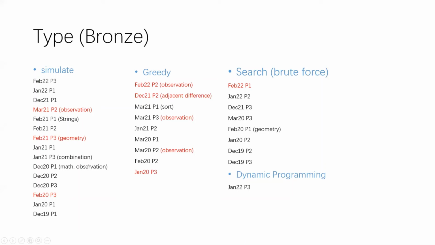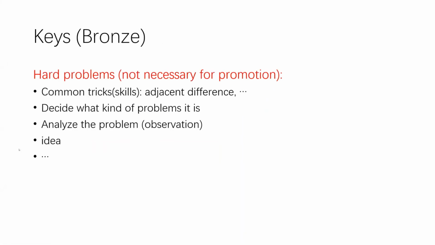And the last one is sometimes you need some idea. So how to get an idea when you see a problem? I don't know, but maybe doing more exercises will help you get ideas when you see a problem.